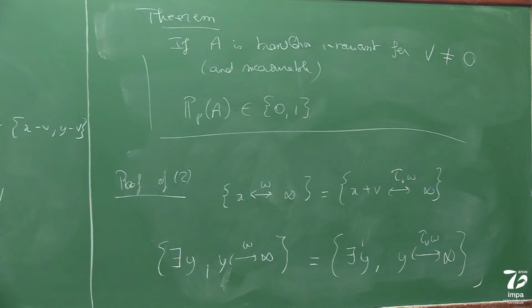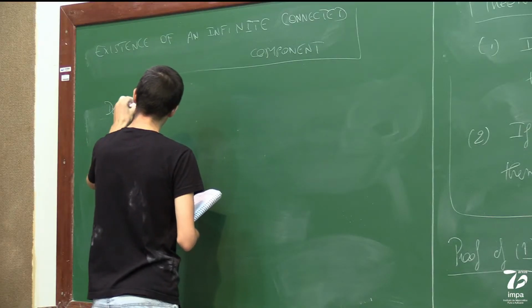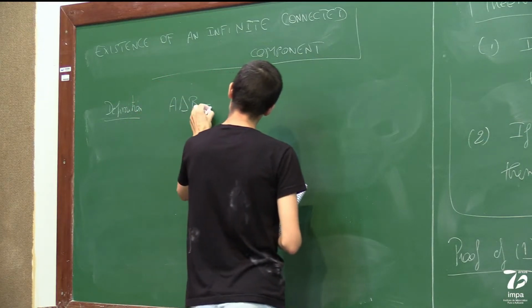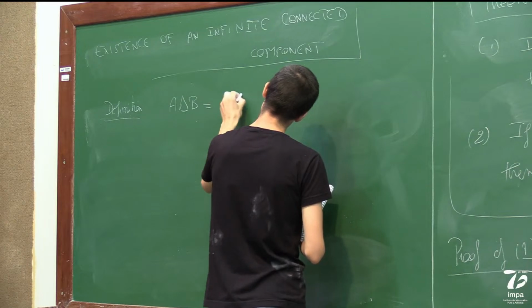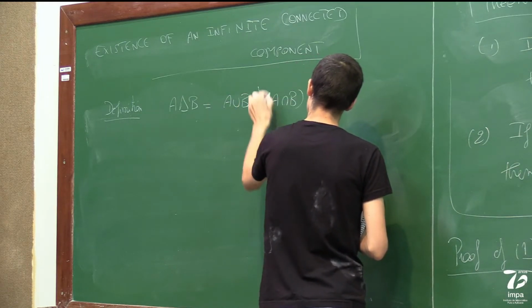The first thing I want to introduce is the symmetric difference. The symmetric difference between two events is just the union minus the intersection.